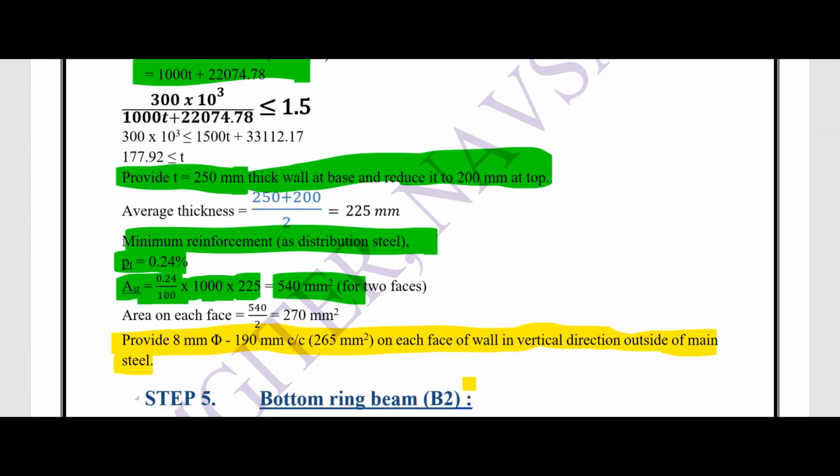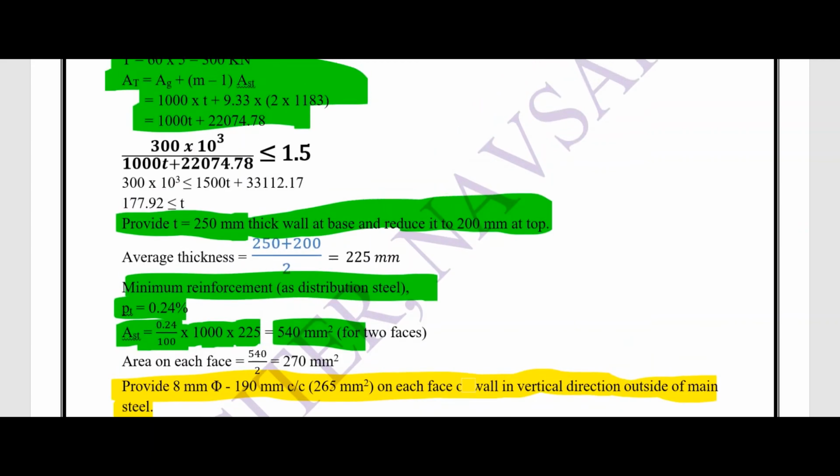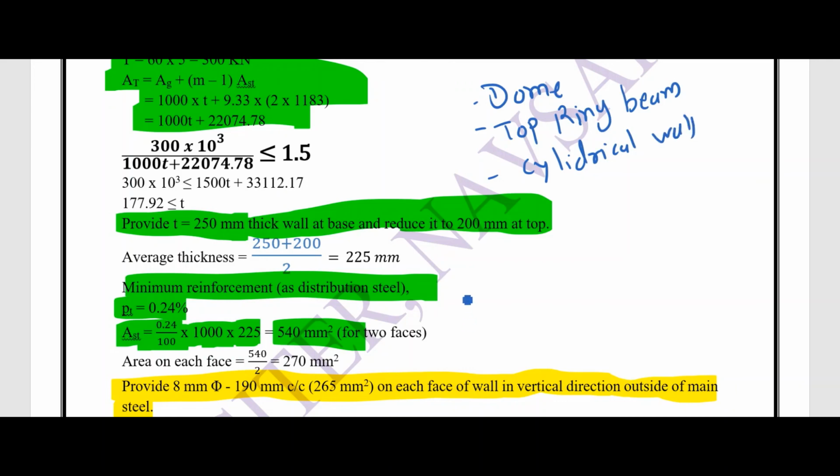So our design is completed for the three components. First is a dome. Second, top ring beam. And the last one, cylindrical wall. So our design is completed here.